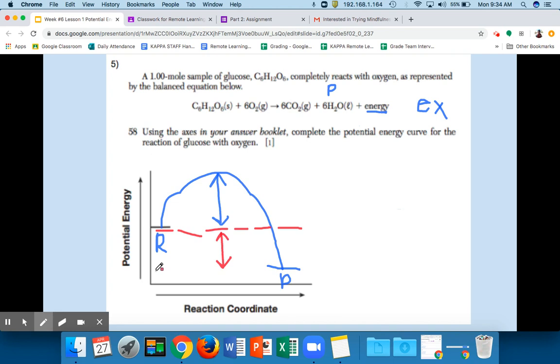So that difference between energy of reactants and products would be our delta H here. And then up here is our activation energy, which is abbreviated EA, like energy activation. Okay.